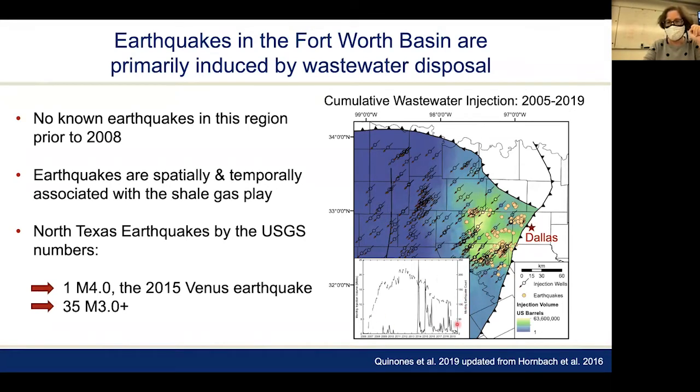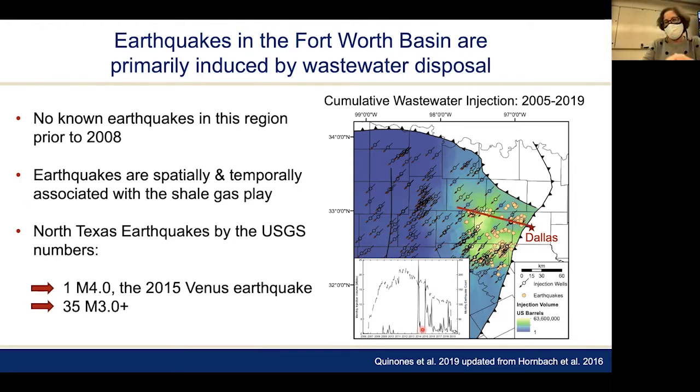And then the inset is just showing that peak injection in this area actually occurred in 2012, whereas peak seismicity rates by monthly earthquake count occurred after that. But we're going to dive into this figure in much more detail, so don't worry if it looks a little hard to read right now.